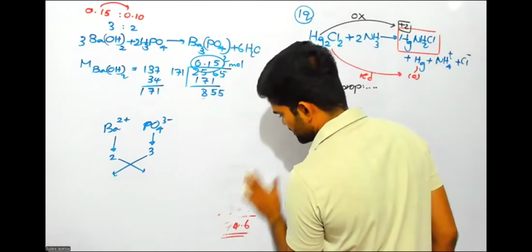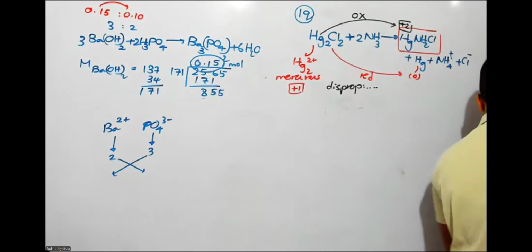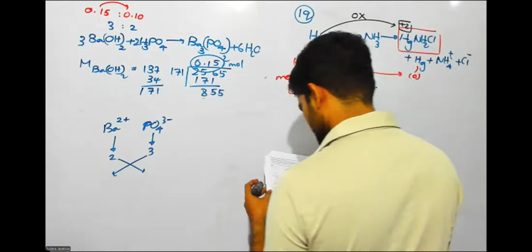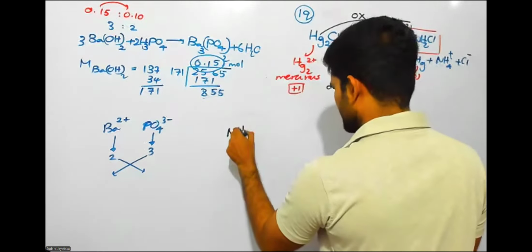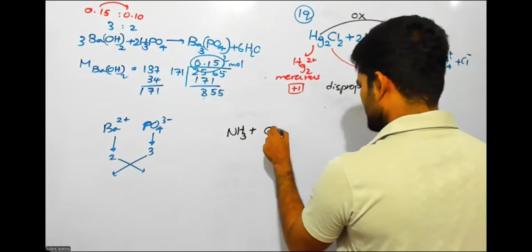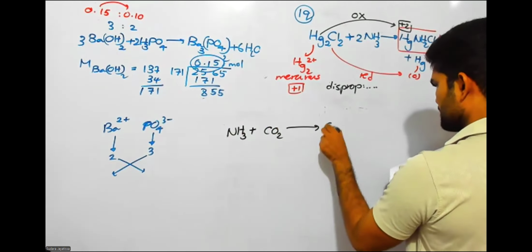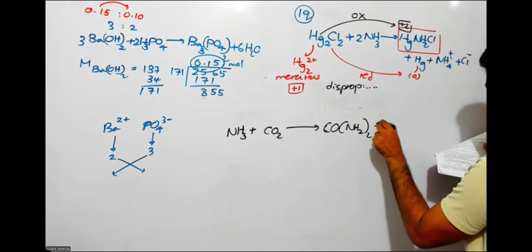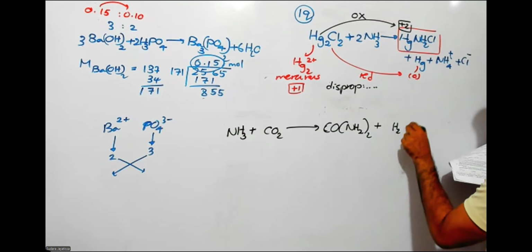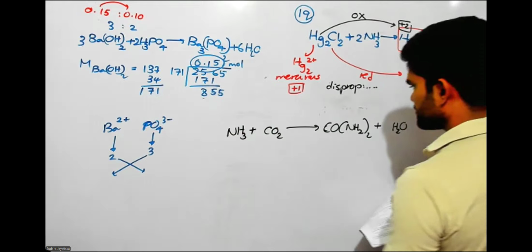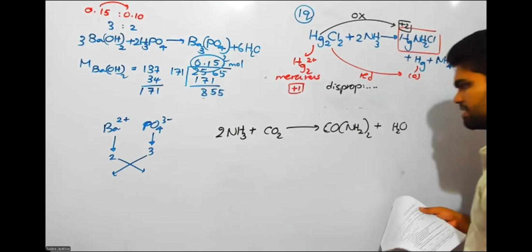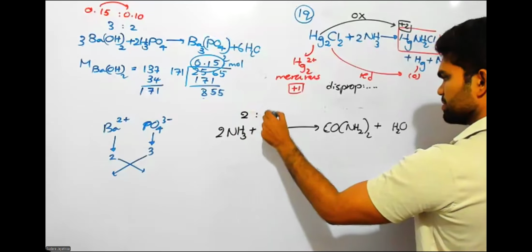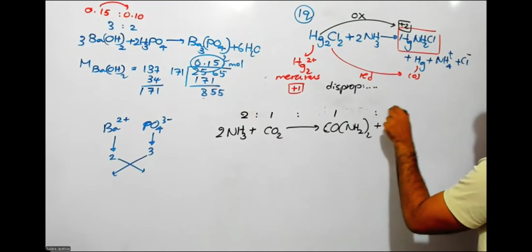NH3 reacts with carbon dioxide to form CO(NH2)2 and water. To balance this one, you need to add 2 NH3. That's it, it is balanced. So they react in a 2:1:1:1 ratio.